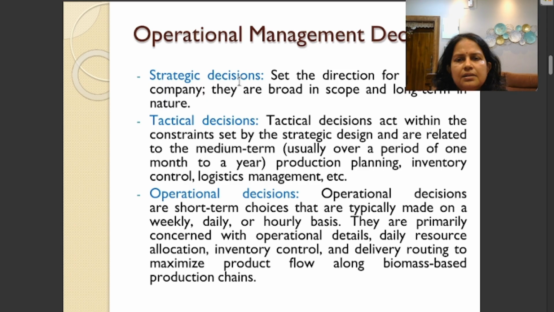When we go to the institute daily, we are learning something, and every day what our activity is, we are doing, is called operational decision making. So these are the primary decision areas we need to take in operations management or any organization we are dealing with: strategic, tactical and operational level decision making.